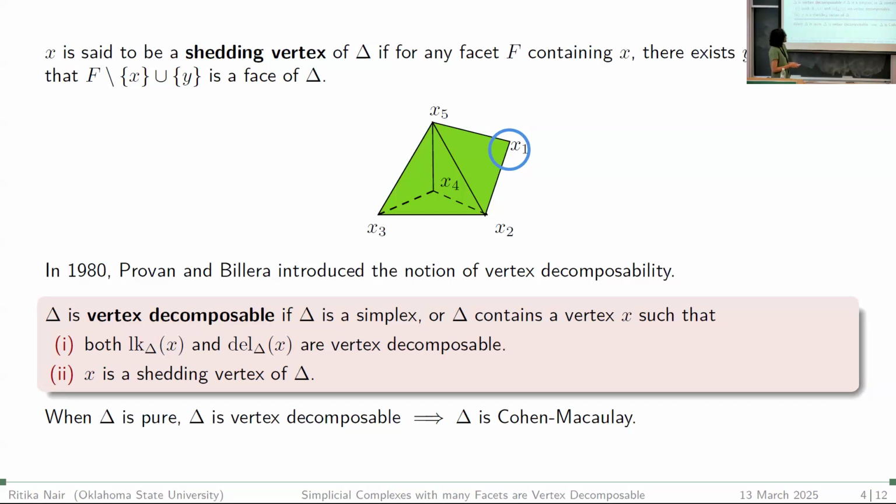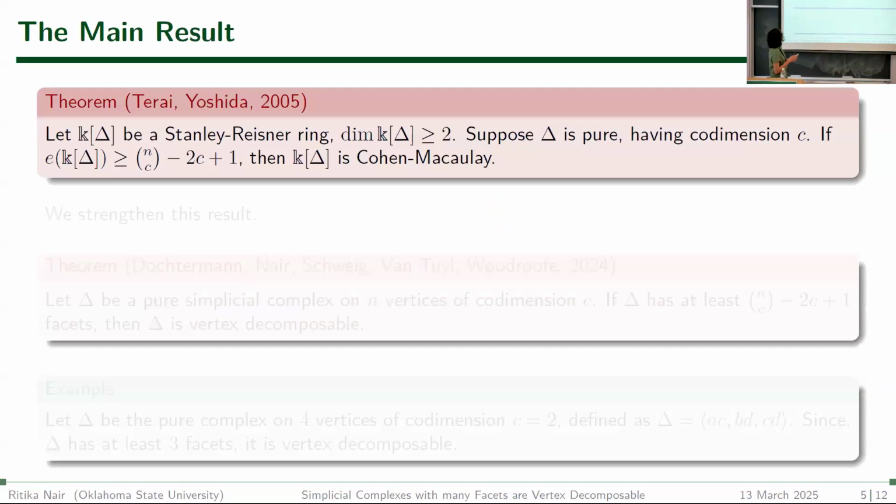Now, moving forward to our main result. Naoki Terai and Ken-ichi Yoshida in 2005 gave this very nice result about Stanley-Reisner rings that have a large multiplicity. They gave this particular bound that we have over here.